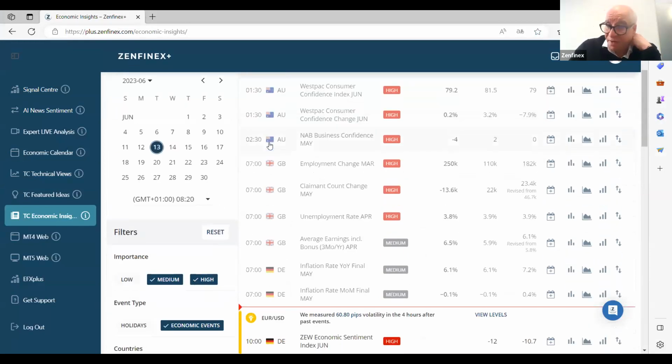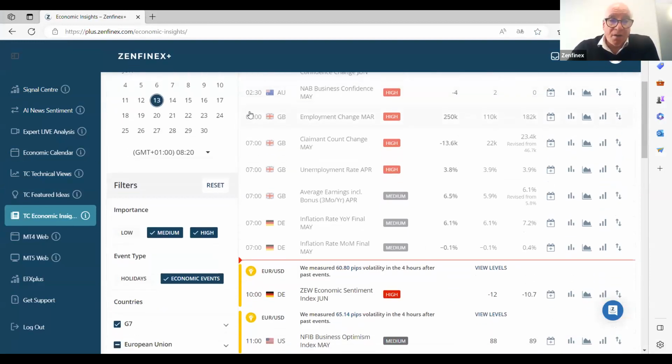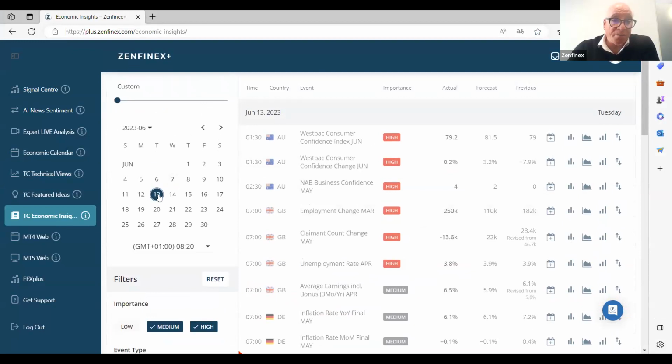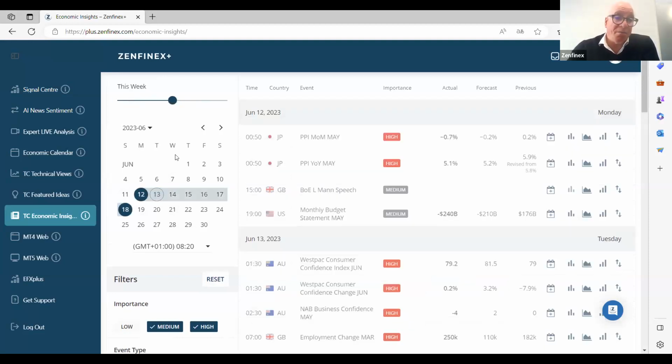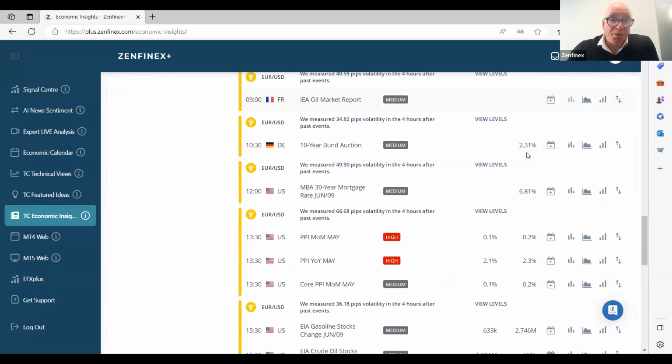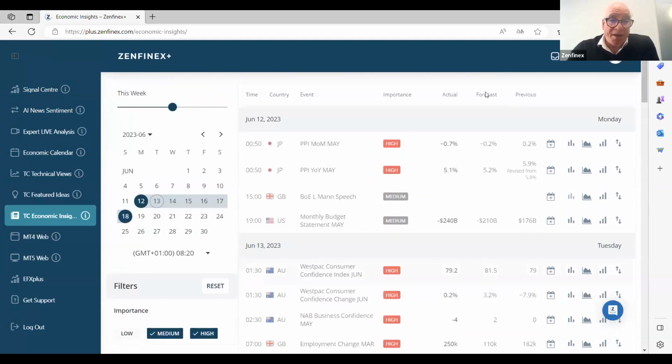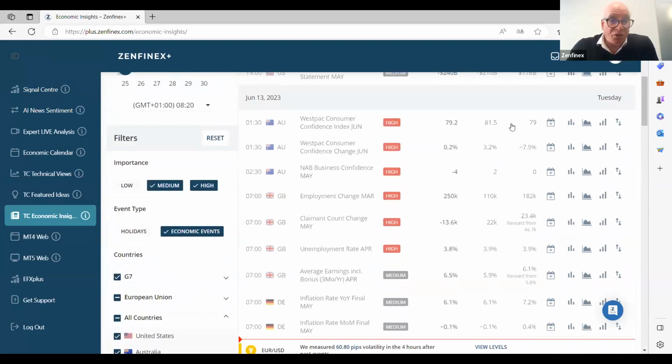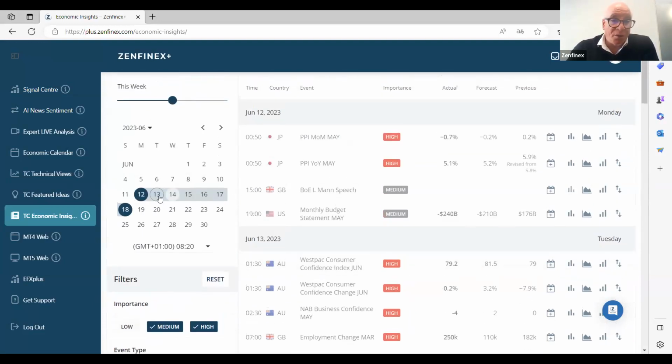I think there's going to be some videos on how to use all this stuff in greater detail, but all I really do is look, obviously at the beginning of the week, I will look at the whole week's upcoming news items. And next week, so at Monday, I always look at this, mark down my calendar and say, right, what is going to be important for this week? And then I make sure that any trades that I do take that into consideration. But let's look at what's happening today.